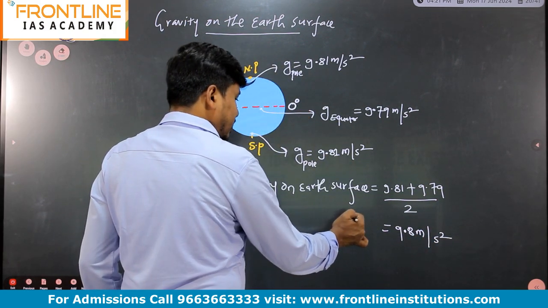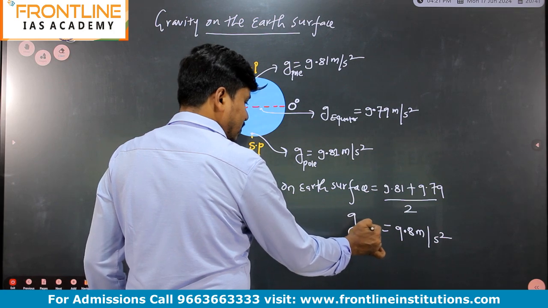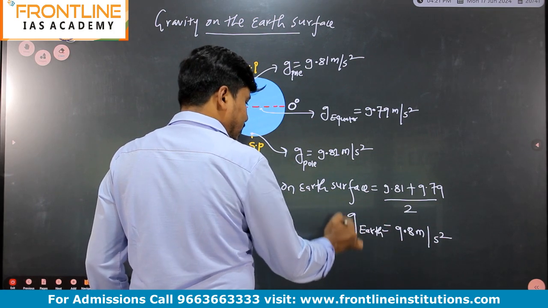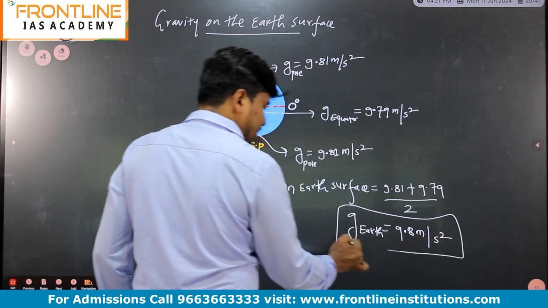So this is G earth. Gravity on the earth is 9.8.